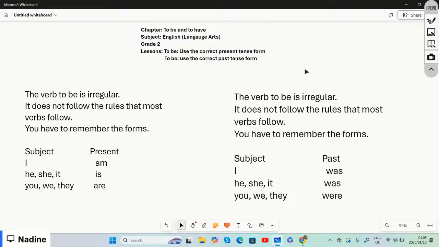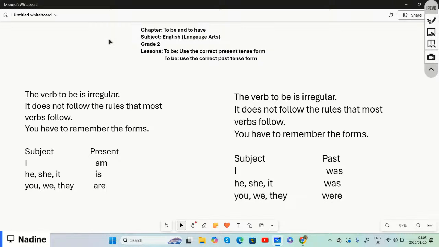All right. So when it comes to our chapter on to be and to have, we have the verb to be that is irregular.